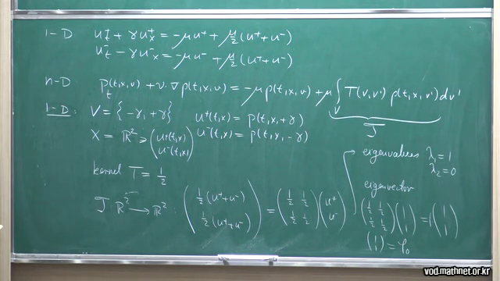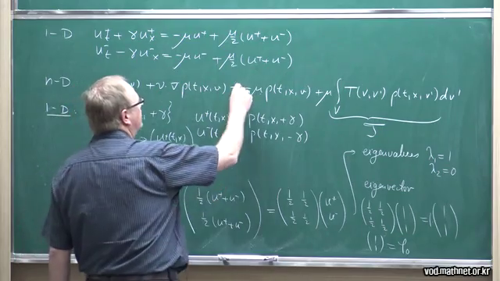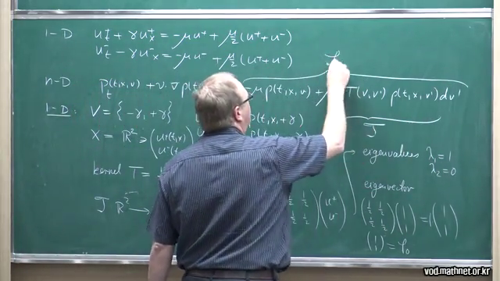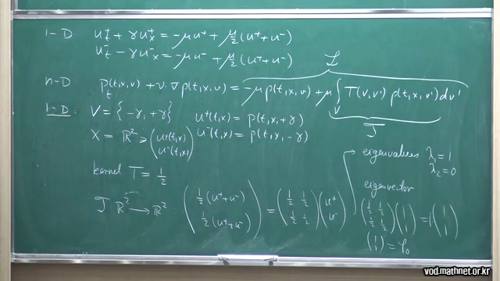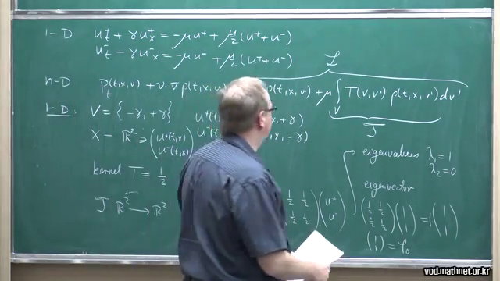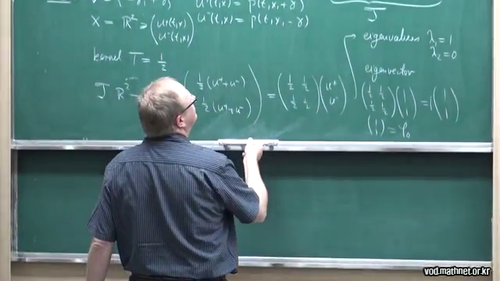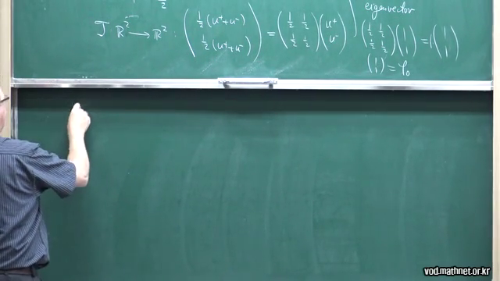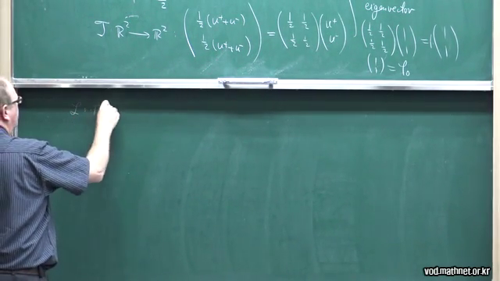So then what else? And then we have L. Today I will talk about this operator, which I call L, taking everything together. Meaning in the 1D case it would be this. So L is also a map from R2 to R2.